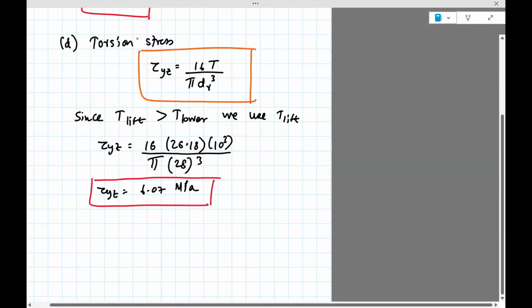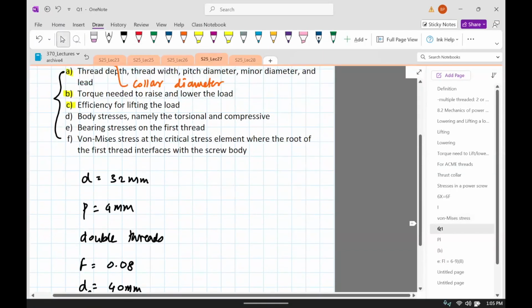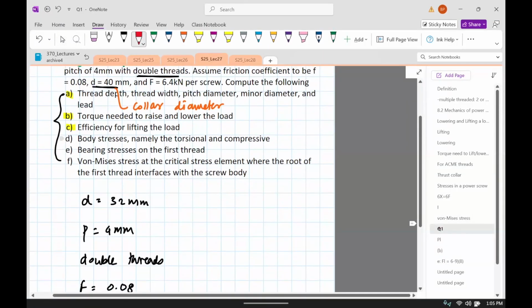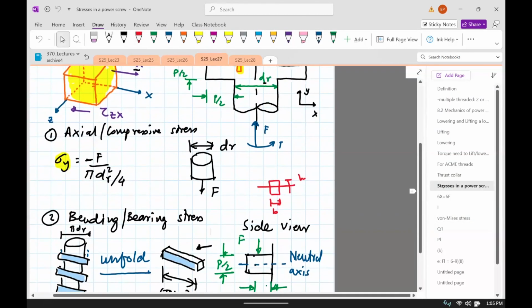Okay, there's another question asked here. It is compressive stress. So this is the stress which is compressing the screw or the fastener.